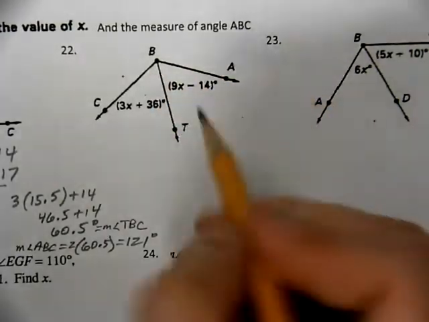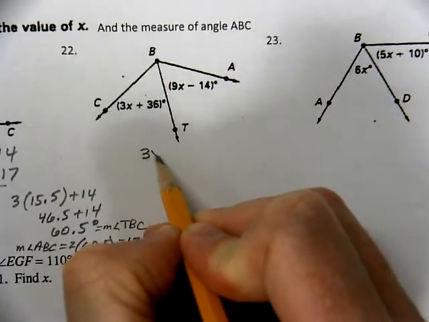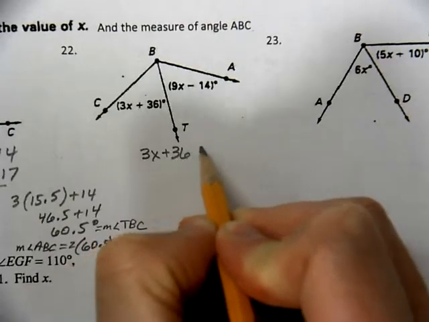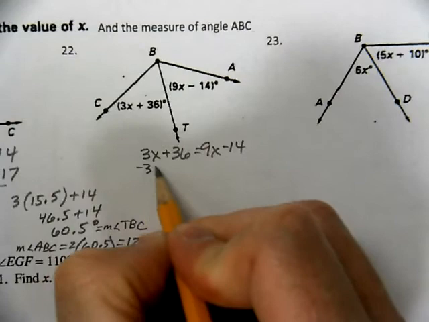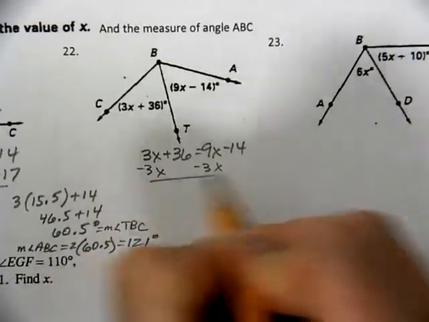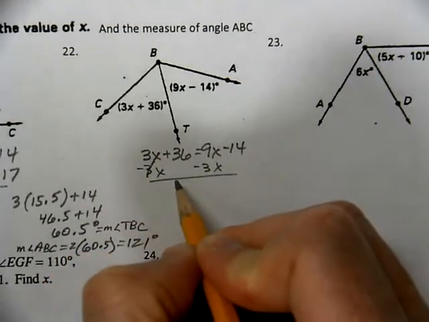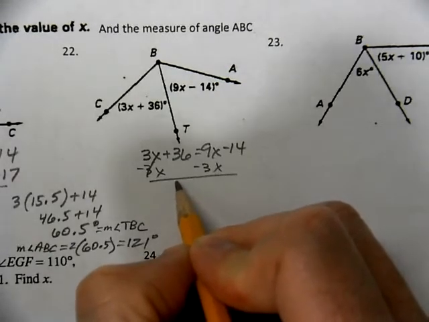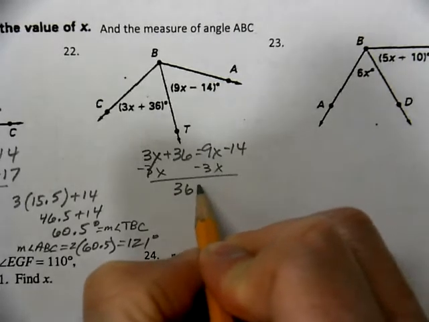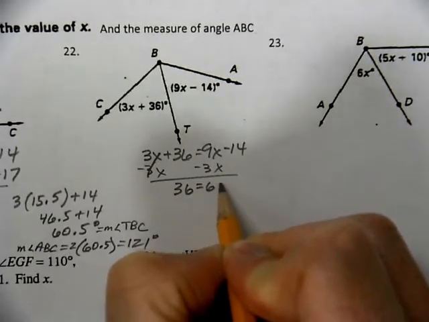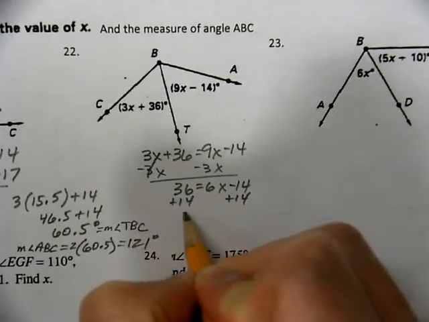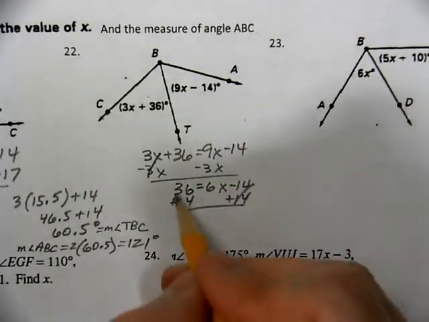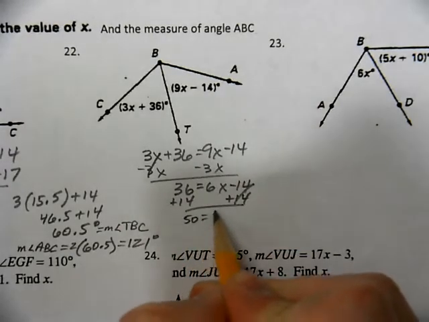Here we have an angle bisector. So when you have an angle bisector, your two smaller angles are equal to each other. So we got 50.